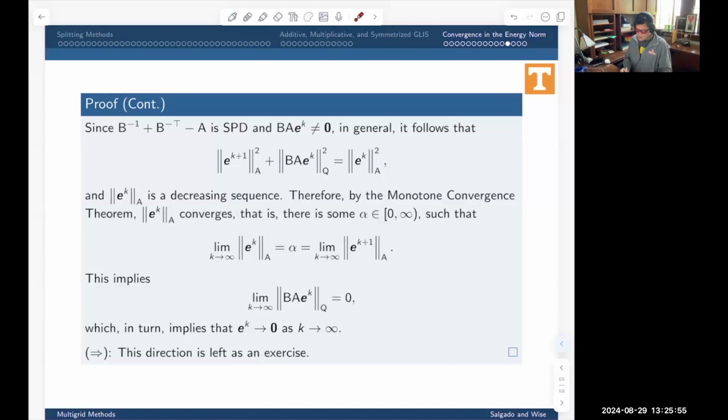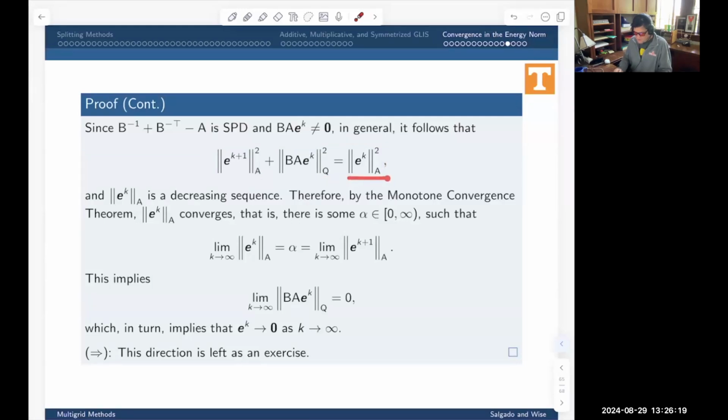But we know that both the norms of e_k and e_{k+1} have to converge to the same limit. That's just a property of sequences. If I change the index by 1, it's not going to change the limit. So if both of these have the same limit, let's look at this equation that I have here. This holds true for any k.